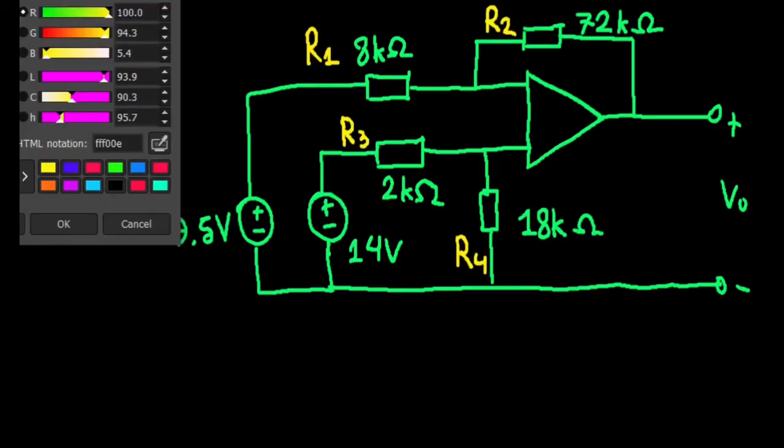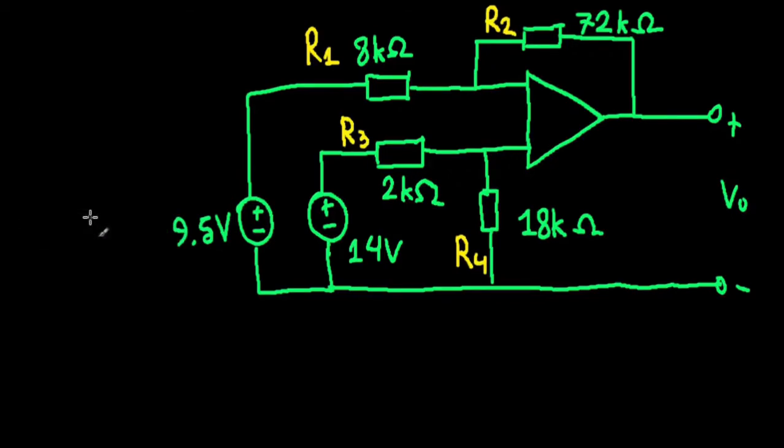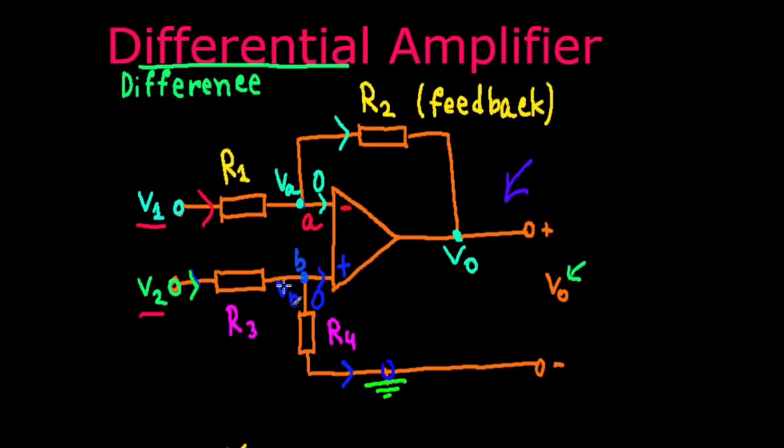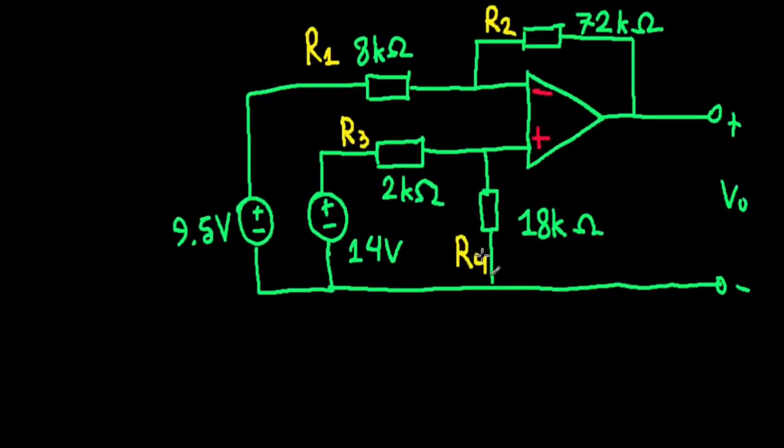I forgot to label this, so I'll do this now. This is your inverting input, and this is your non-inverting input. And yes, as you can see, this circuit does match up with that, just the voltage sources, or supplies, are cells here. Later we'll definitely do problems with supplies other than cells.